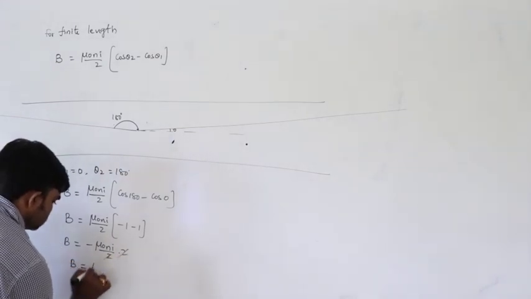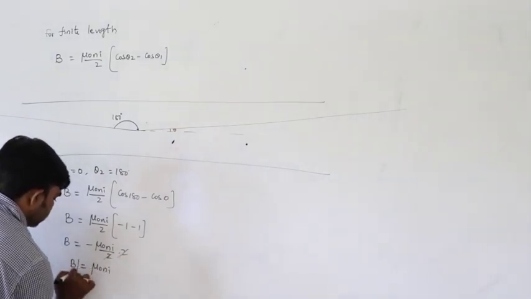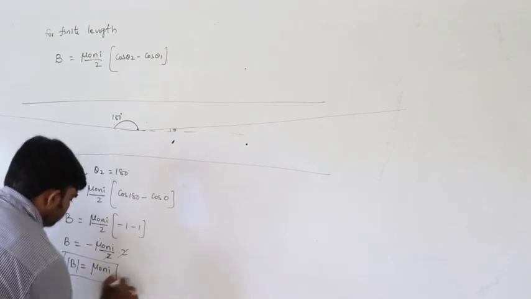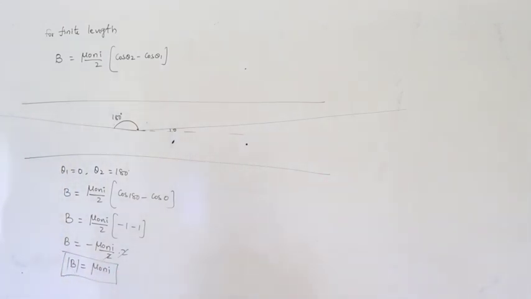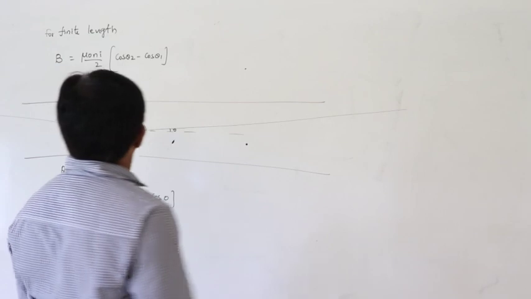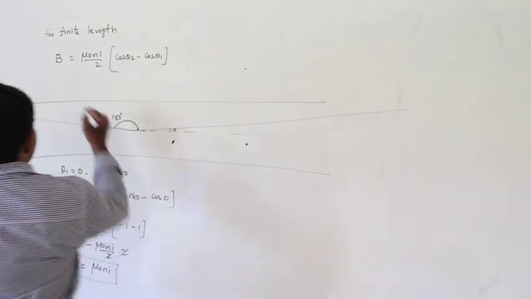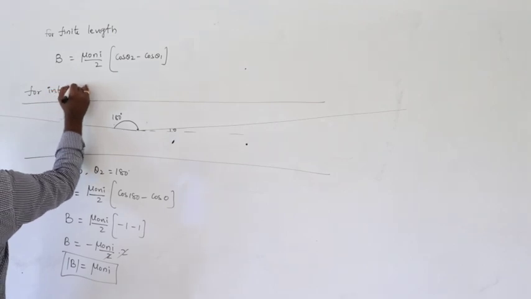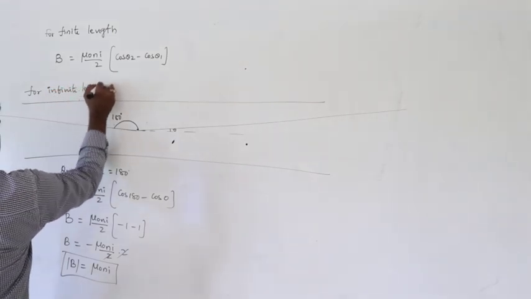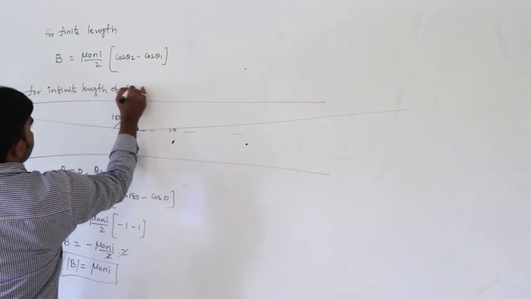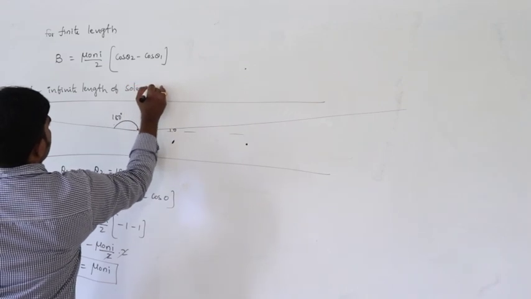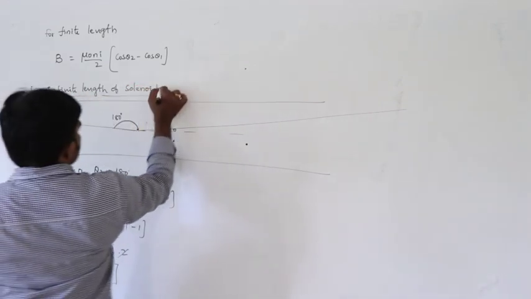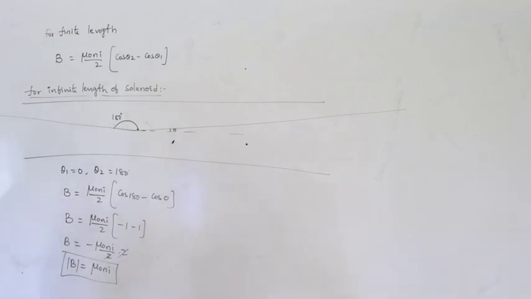Then B is equal to mu naught Ni, the magnitude of the magnetic field. So this is the magnetic field due to the solenoid of infinite length.